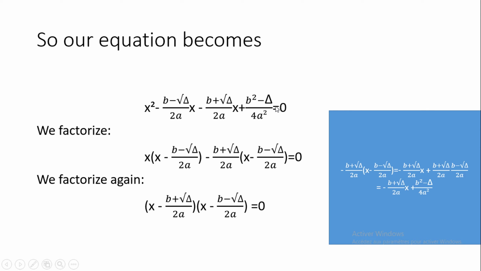So if we take this term here, which is minus b plus the square root of delta over 2a, multiplied by x minus b minus the square root of delta over 2a, we're going to get minus b plus the square root of delta over 2a x, which is this first term, plus b plus the square root of delta over 2a times b minus the square root of delta over 2a.